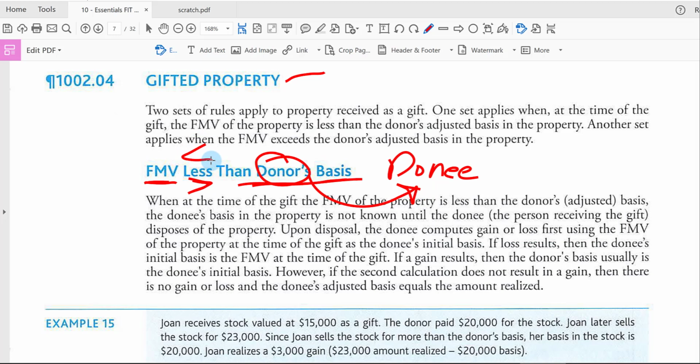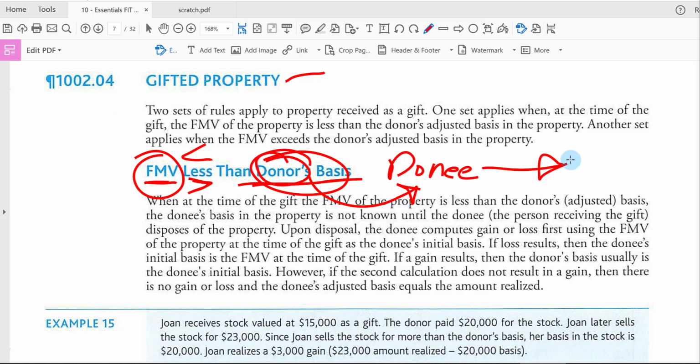So now, when the property is distributed from the donor to the donee and the value is less, the basis to the donee is going to be either the fair market value at the date of the gift or the cost basis of the donor. It depends upon when the donee sells the property or distributes out, gets rid of the property.